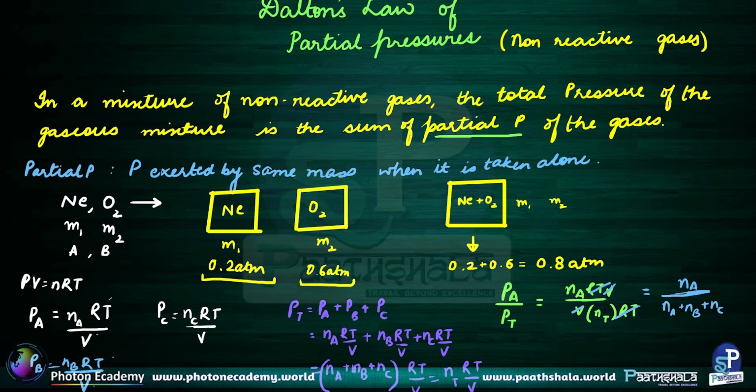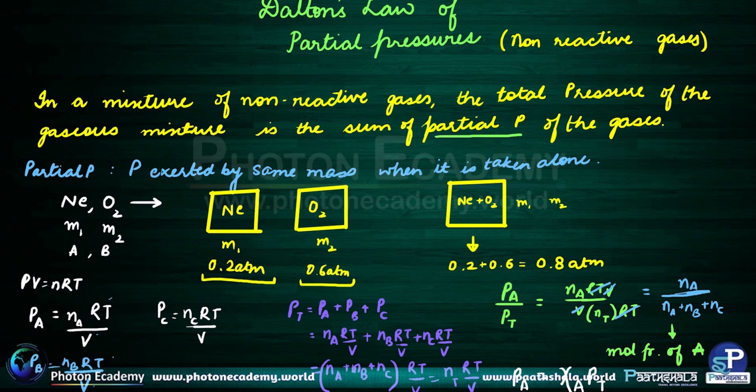If you remember your mole concepts, this quantity is the mole fraction of A. So we can say that the partial pressure of A is equal to its mole fraction times the total pressure, and similar expressions can be derived for B and C and any number of components in the mixture.